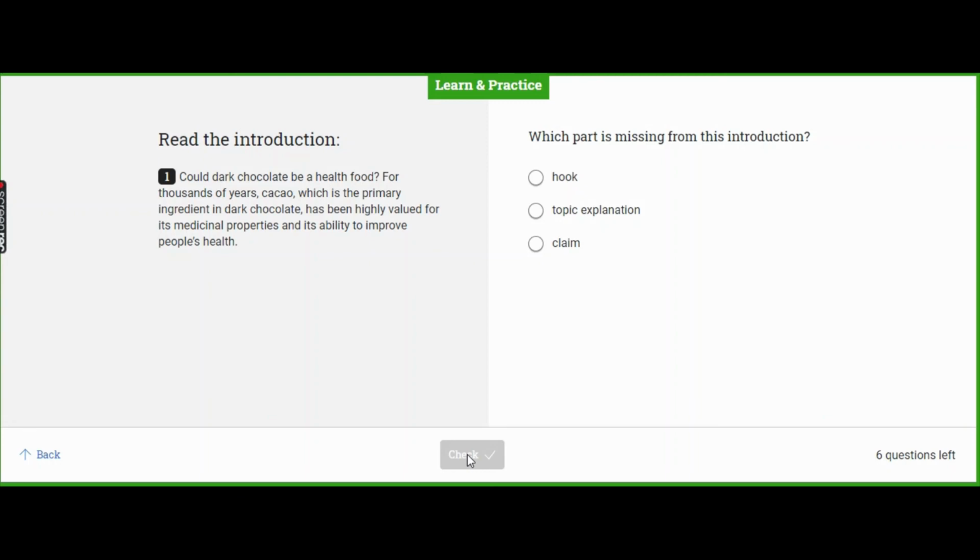Okay. Hopefully you notice that the first sentence is a question, which is a hook, and the second sentence gives us an explanation of cocoa as the topic. But notice that there's no opinion. So the thing that's missing from this introduction is the claim.